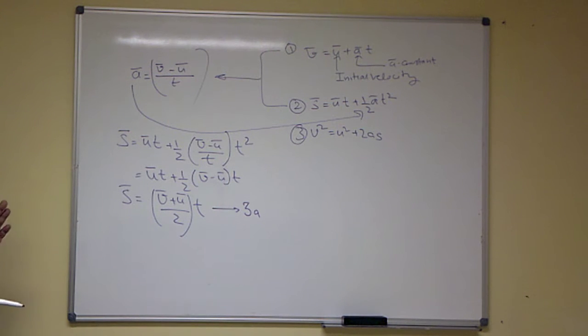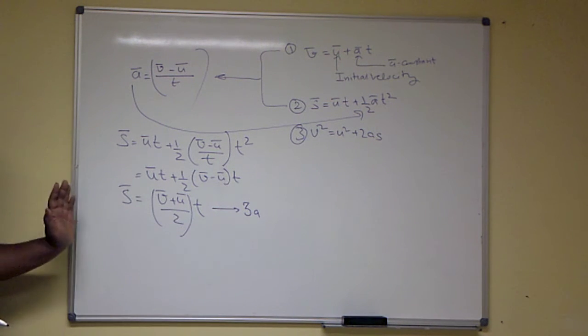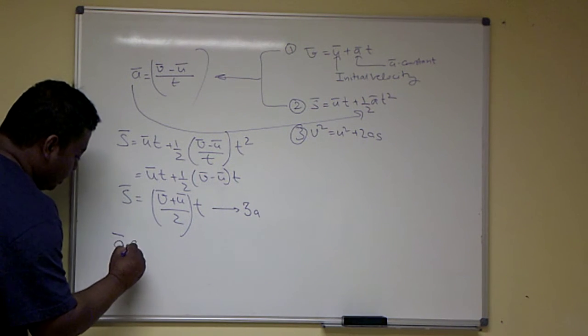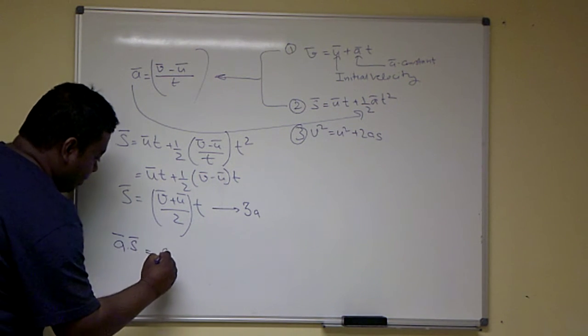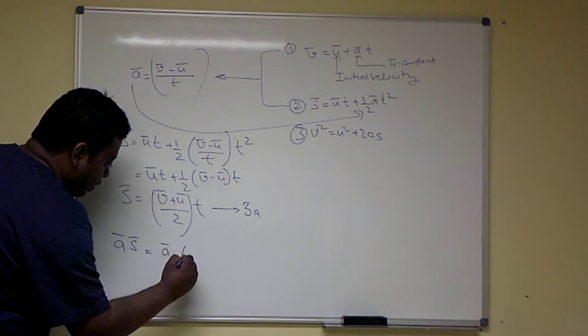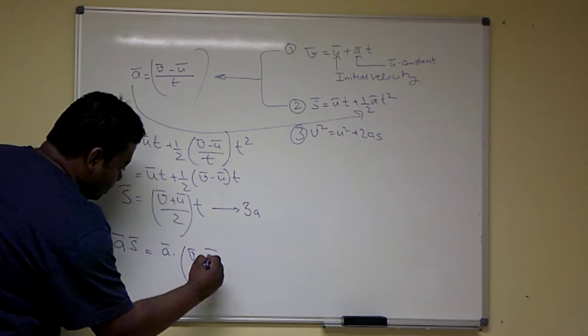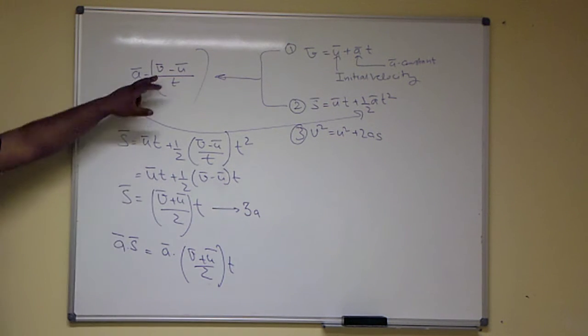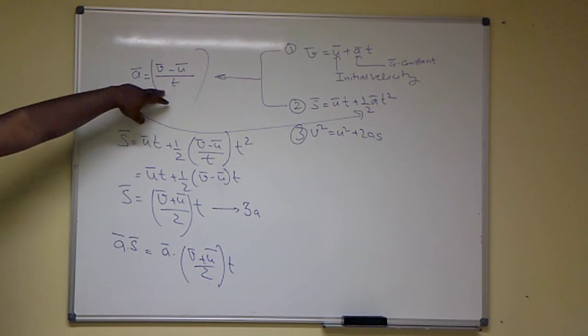We will do a dot product of this equation 3a with your a vector. So a vector dot s vector will be a vector dot v plus u divided by 2 times t. Now this a vector is nothing but v vector minus u vector divided by t.